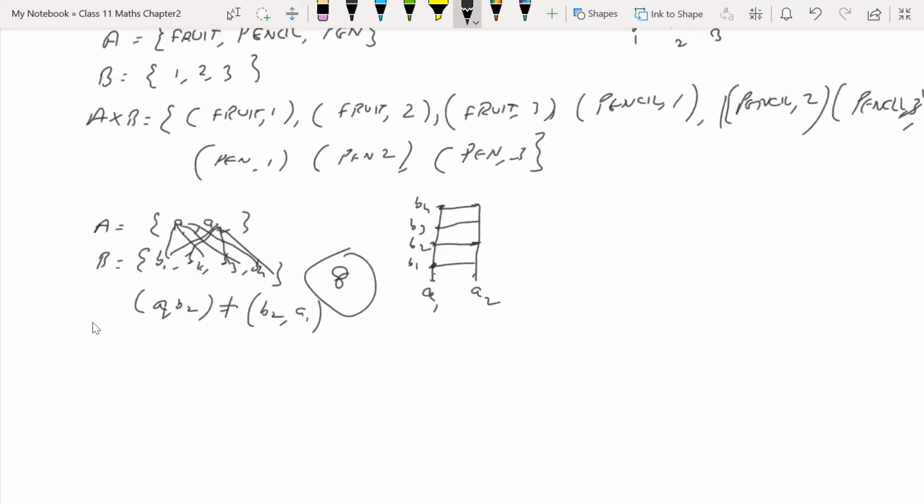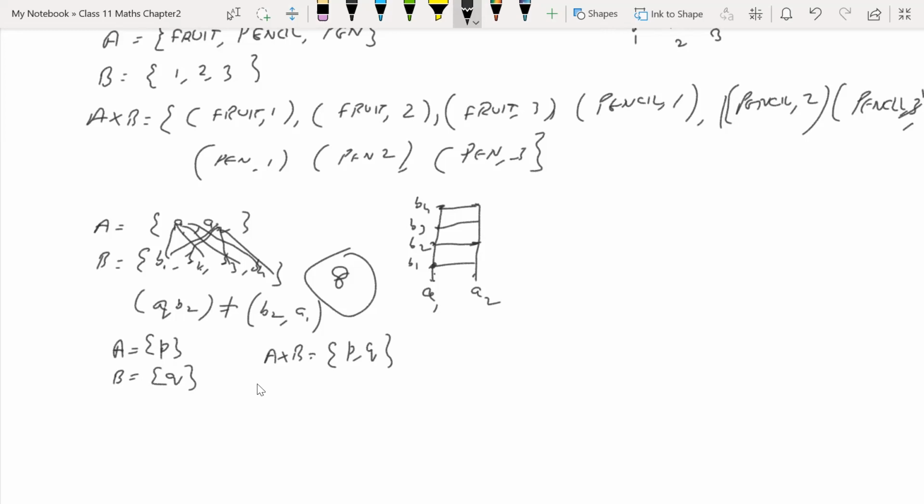The second remark is that if there are p elements in set A and q elements in set B, then there will be pq elements in A×B.